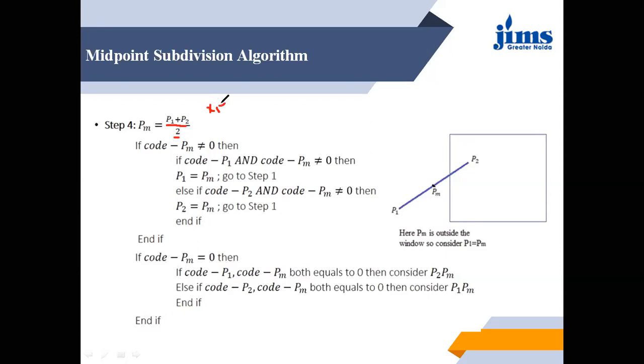If one end of the line is x1, y1 and the second is x2, y2, then we can find the midpoint: PMx equals x1 plus x2 divided by 2.